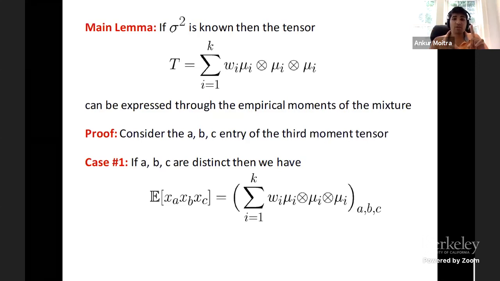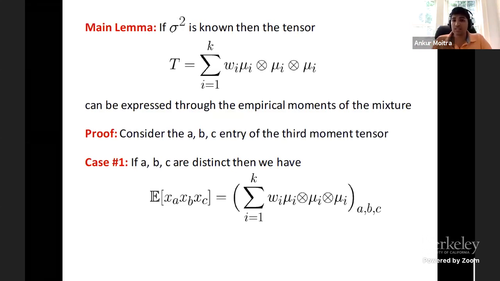Now, the key thing about mixtures of spherical Gaussians with identical components is that the additive noise is independent of which of the centers you choose. So in fact, what's really nice is that when a, b, and c are distinct, the 3rd moments of your sample of mixtures of Gaussians look the same as the 3rd moments of the distribution where you merely sample the center and add no noise.